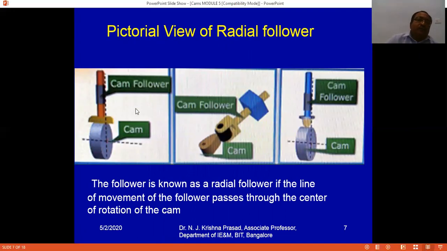And this slide represents the pictorial view of the radial follower. In the radial follower, the follower is moving in the line of movement of the follower. When the CAM rotates, the follower moves in the direction perpendicular to this.